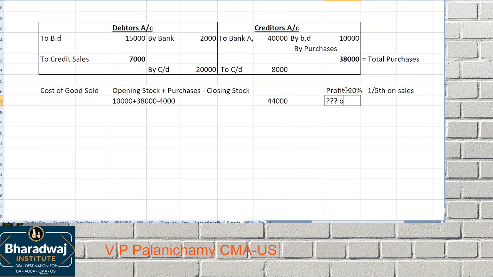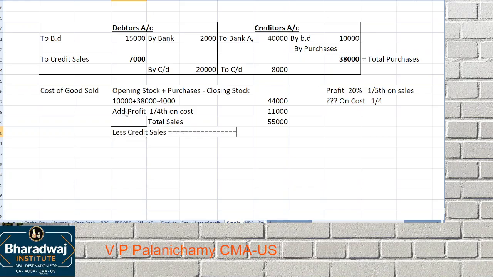So total sales, 55,000. In that we know credit sales. Credit sales we worked out. How much credit sales? 7,000 credit sales. Balance is which one? Cash sales. What is the cash sales balance? 48,000.